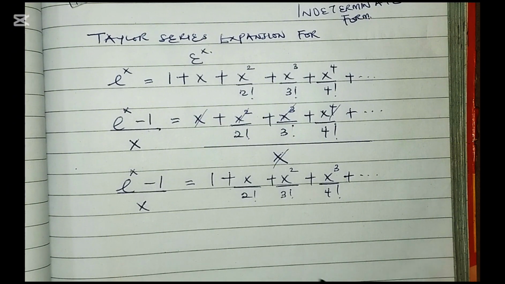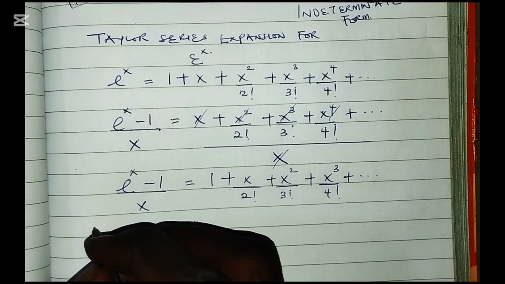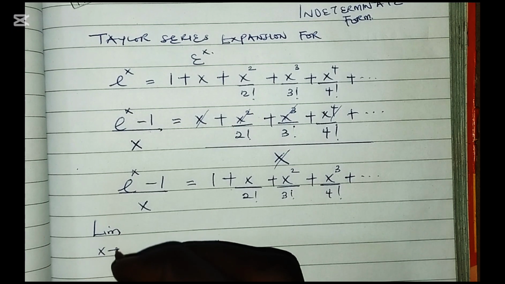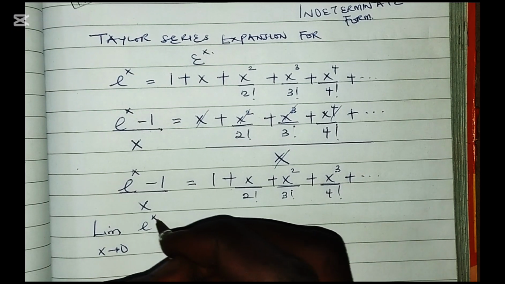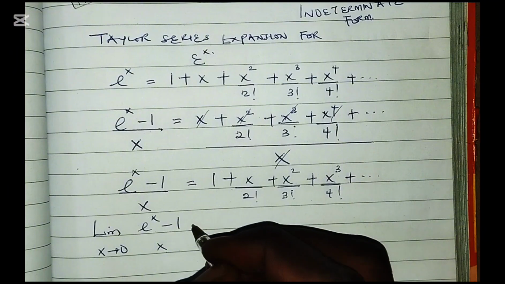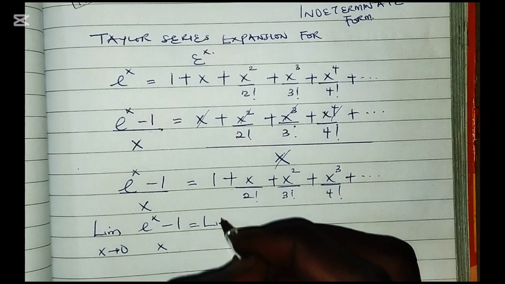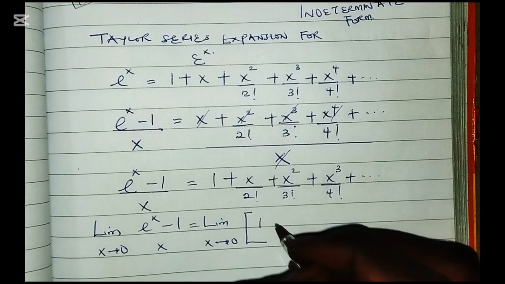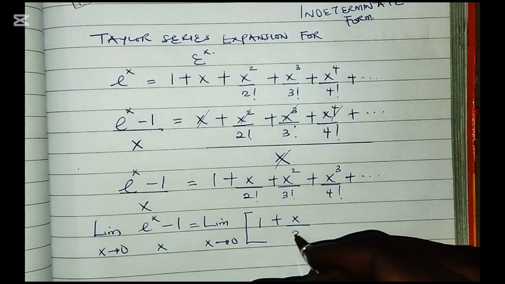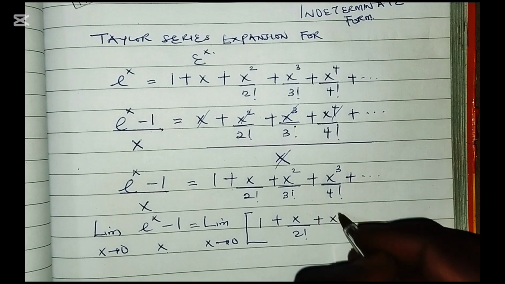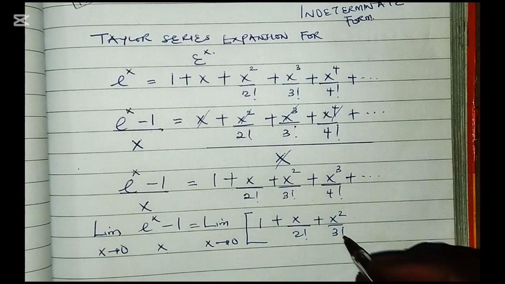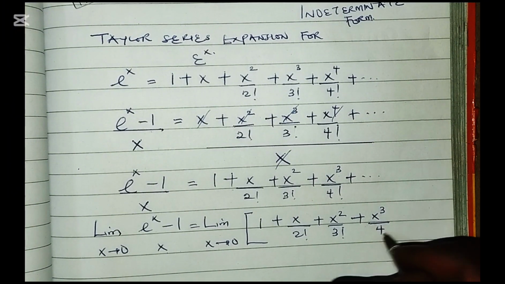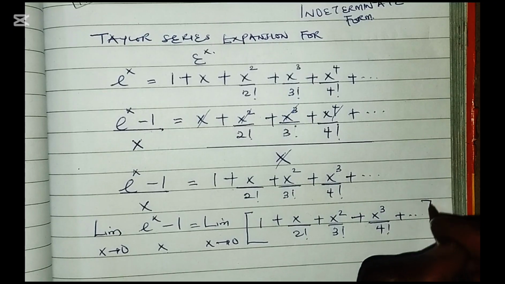The limit as x goes to 0 of e to the x minus 1 all over x equals the limit as x goes to 0 of 1 plus x over 2 factorial plus x squared over 3 factorial plus x cubed over 4 factorial plus dot dot dot.